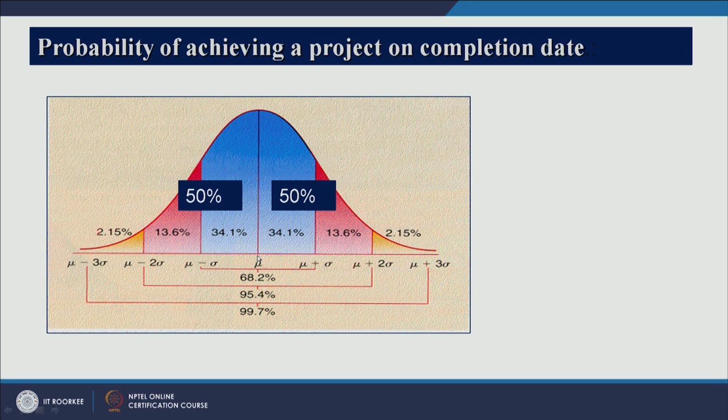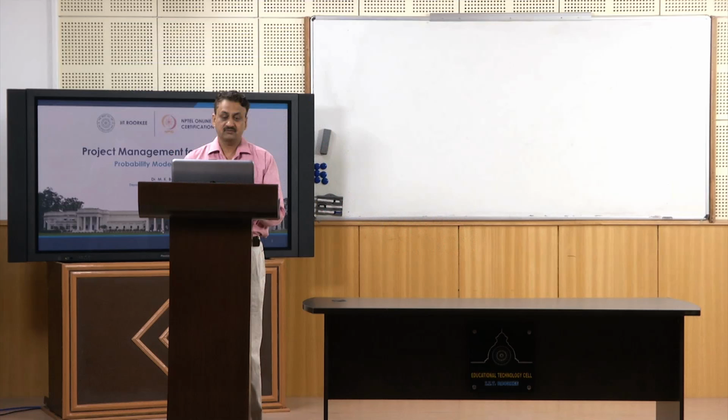This is a curve which we would be using in our calculation of duration of various projects. If you look at this curve, it has two sides. You have got 1 sigma, 2 sigma and 3 sigma: mean plus 1 sigma, mean plus 2 sigma and mean plus 3 sigma on this side, and mean minus 1 sigma, mean minus 2 sigma and mean minus 3 sigma on the other side.